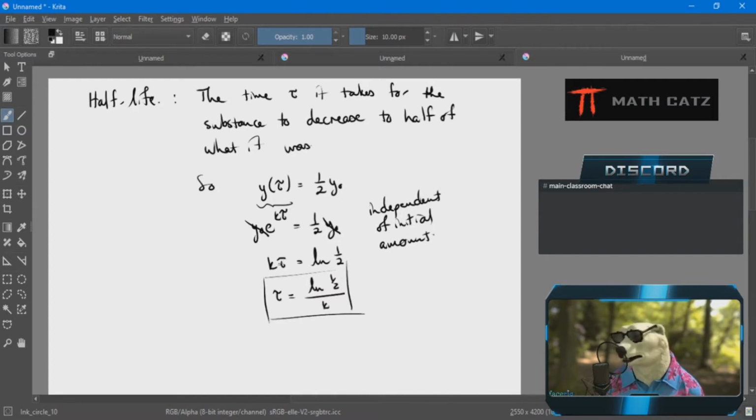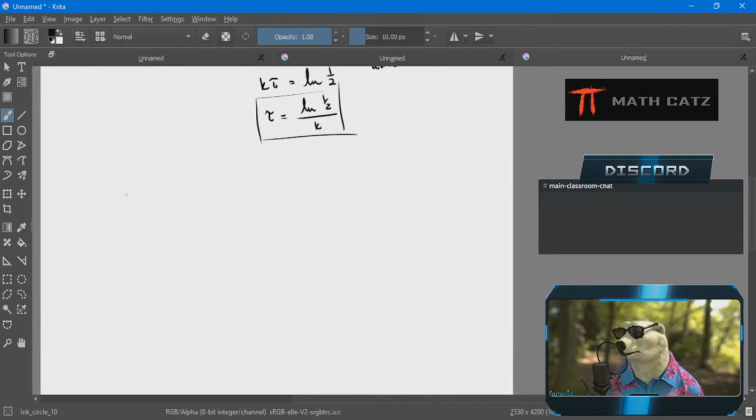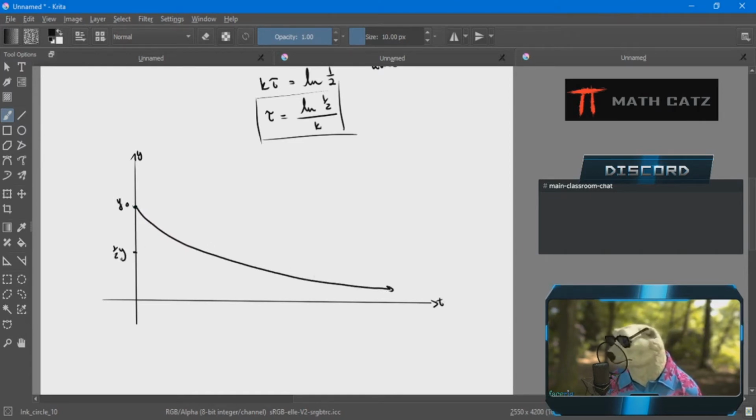So visually what that means is the following. Very similar to what we did yesterday, I'm just going to start with some initial amount, and it's going to decay to get to half of what I started with. It's going to take some time period, which we'll call the half-life tau.